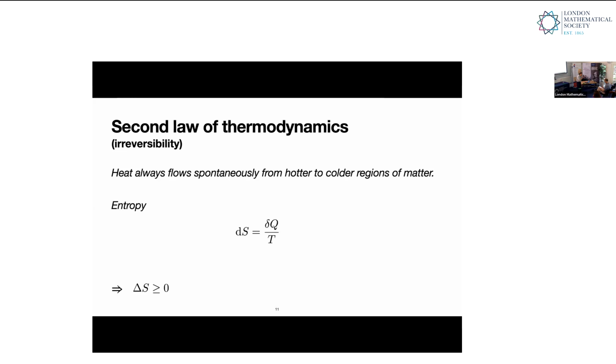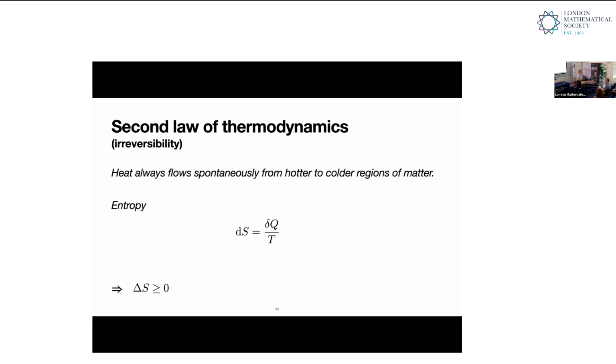There's some loss of energy every time that we try to revert this process. This loss of energy is absorbed by the environment, so it's not lost on the whole. But it is lost if we think of the work that we have to do in order for that process to take place.